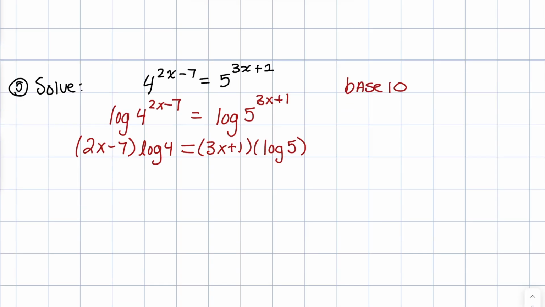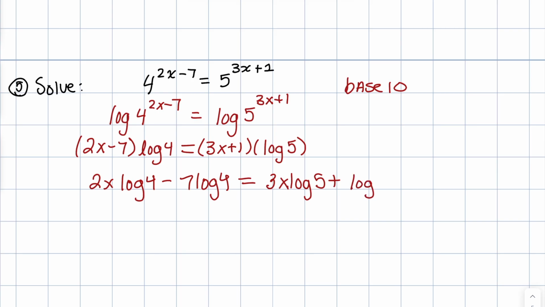Now that we have brought those powers down, we need to distribute through to the logs. So we get 2x log 4 minus 7 log 4 equals 3x log 5 plus log 5.